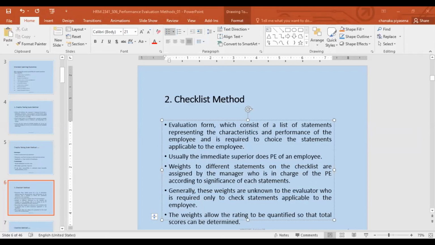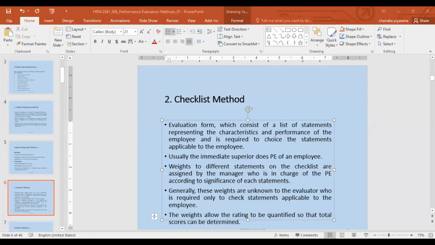When we consider the first statement, that is important for a production employee. Therefore, this statement is about 30% out of 100.